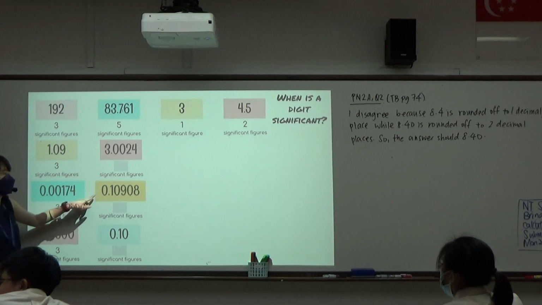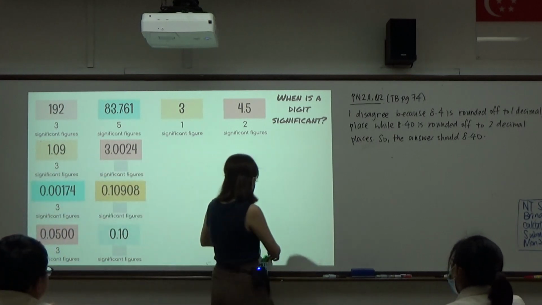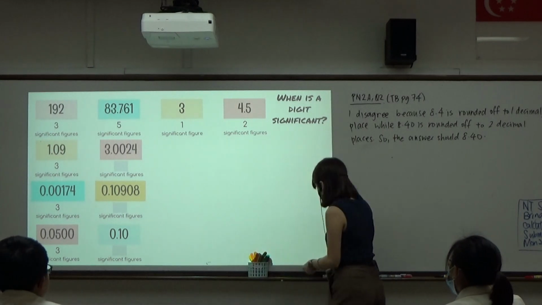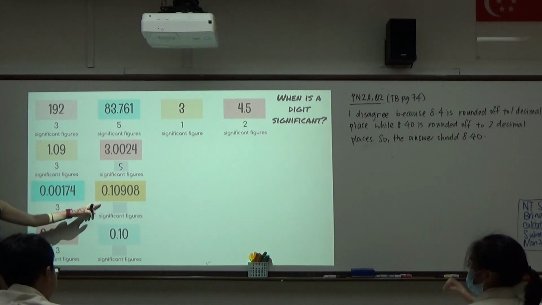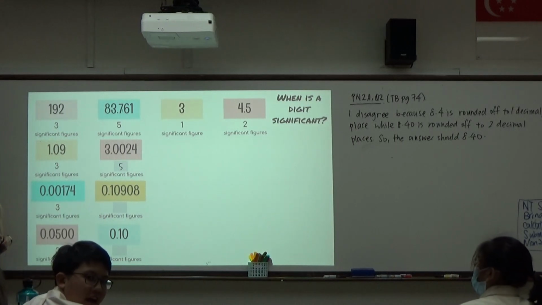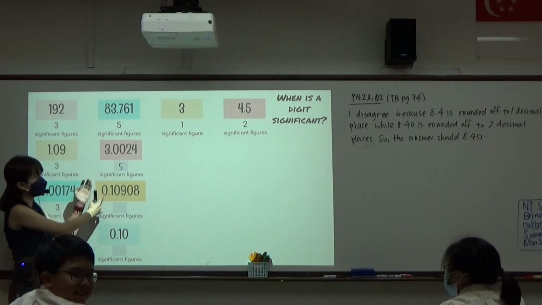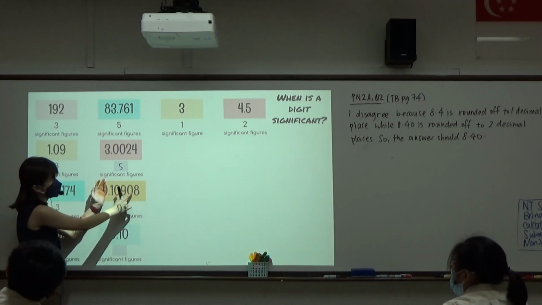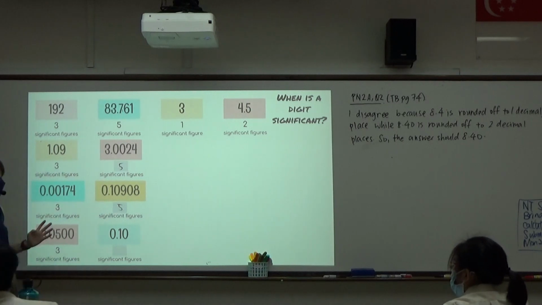What about 0.10908? How many are there? Let's choose another person. Zach, how many significant figures are there? 5. So we don't count this 0, we count this one: 1, 2, 3, 4, 5. It's not really purely counting.